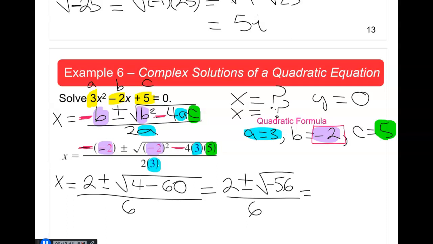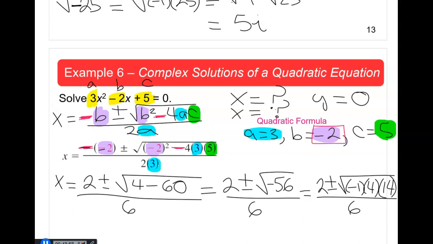Okay, now for negative 56, we're going to factor it. So first we need that negative 1. And then we could factor it by using two numbers where one of them is a perfect square. So for example, 56 could be divided by 4. Yeah, so let's do that. So it will be times 4 and times 14.